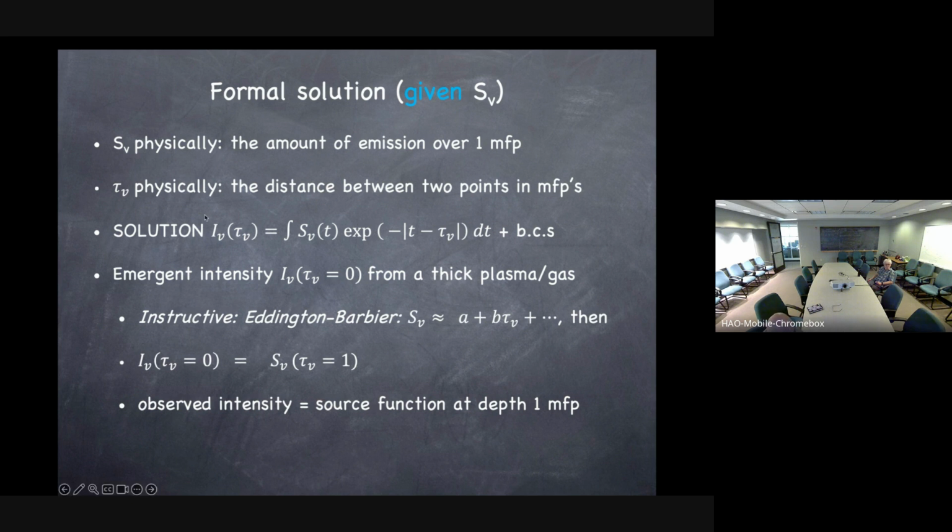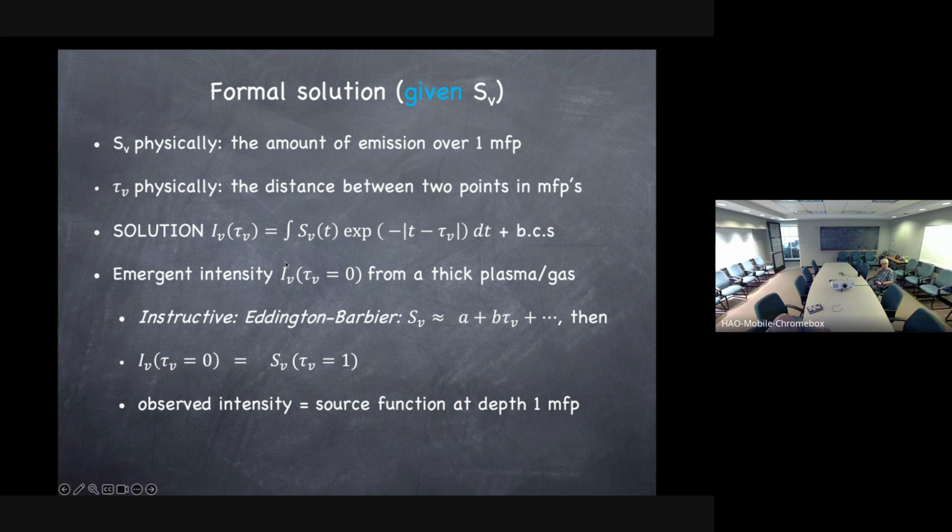So the solution can be written down immediately from high school physics, and it's the intensity at some place away from the source, which just declines exponentially away from the source. It's pretty obvious it has to be like this, right? I mean, what else could it be?